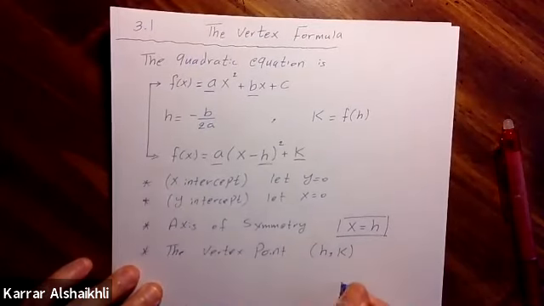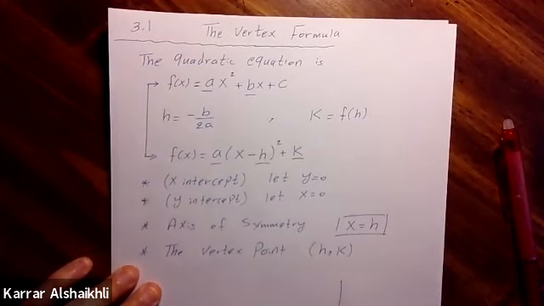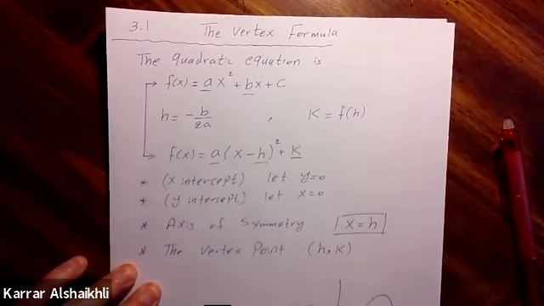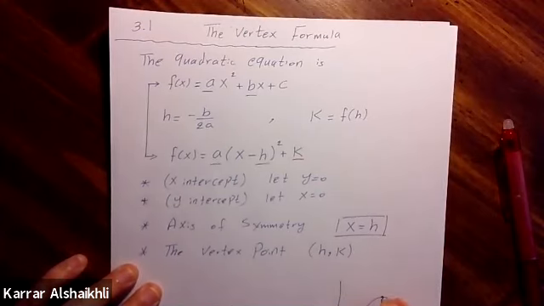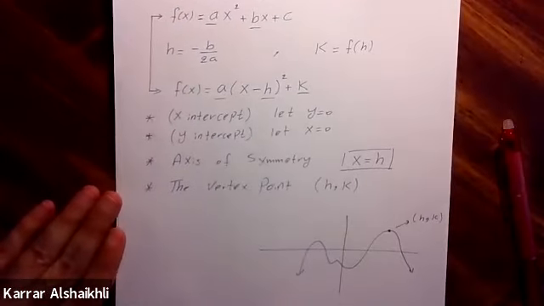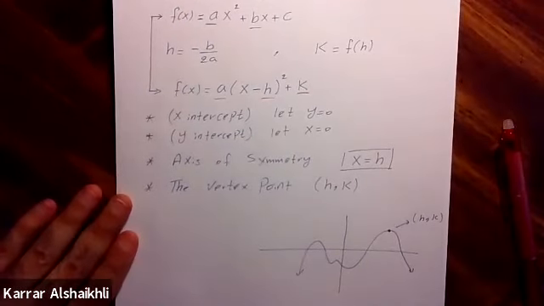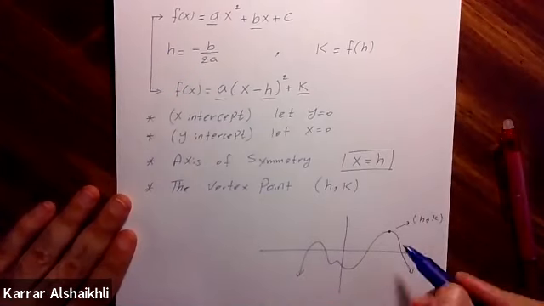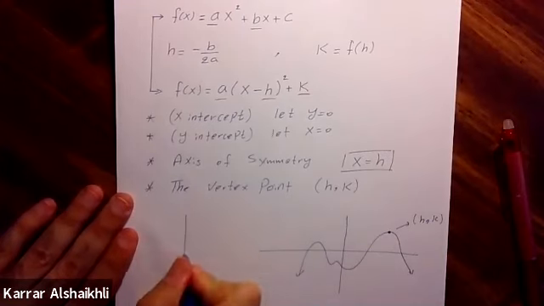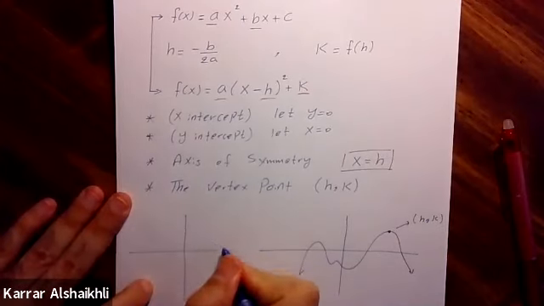So if you have a graph like this, you see on this graph, the highest point here is going to be the vertex. So if you have a graph and they ask you to find the vertex, you're just going to locate the highest point on the graph, because this one is going to be the vertex. The same thing if you have a graph like this.